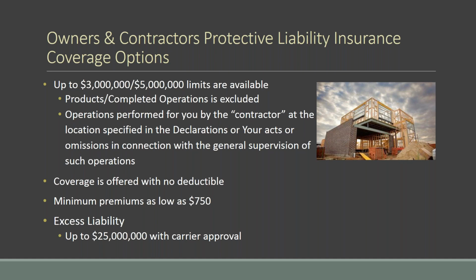Operations performed for you by the contractor at the location specified in the declarations, or your acts or omissions in connection with the general supervision of such operations, because that's what we're looking to cover. Coverage is offered with no deductible. The minimum premium is as low as $750, and there is excess liability coverage available up to $25 million with carrier approval.